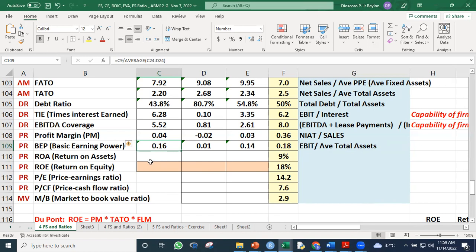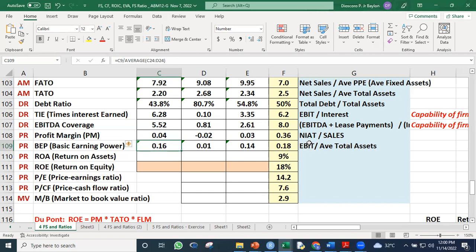So for every 100 peso ng total assets, ng asset na in-invest by the company, the management was able to generate 16 pesos of operating margin or operating profit. Okay? Kasi ginawa kong over 100 yung total assets, so therefore ito magiging 16. But if I take a look at this from the perspective of 1 peso of asset, the company was able to generate an operating margin.